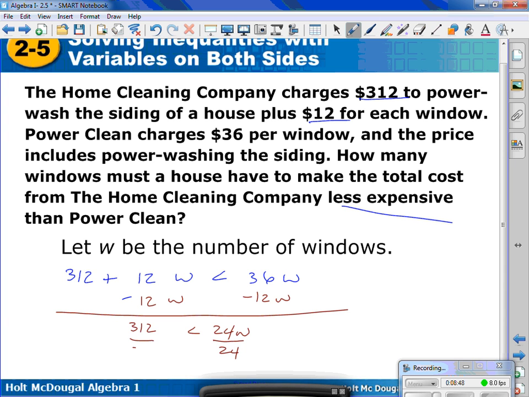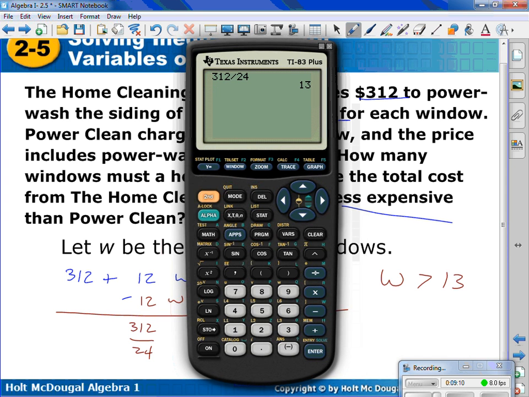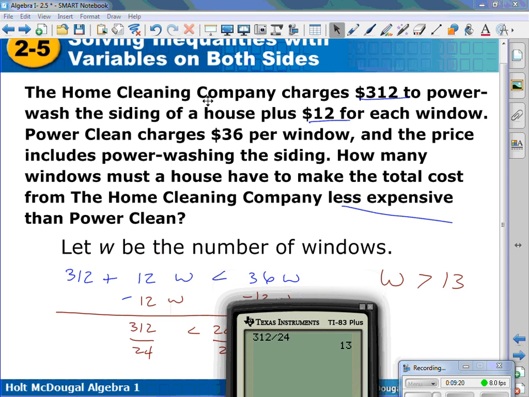Now I'm going to mentally flip it. W has to be greater than, I'm going to grab the calculator, because I don't know this off the top of my head, 312 divided by 24. You have to have more than 13 windows in your house. So if you have more than 13 windows, home cleaning is a better deal.